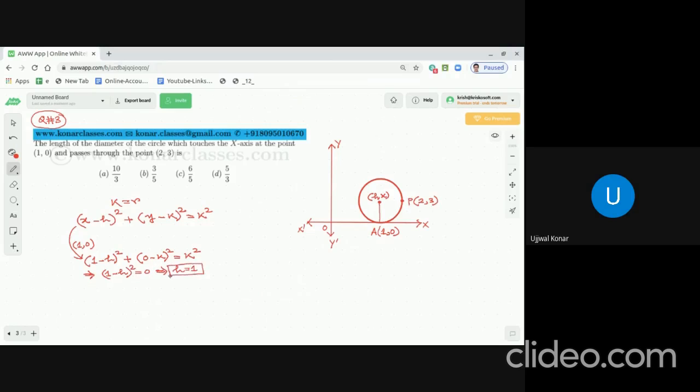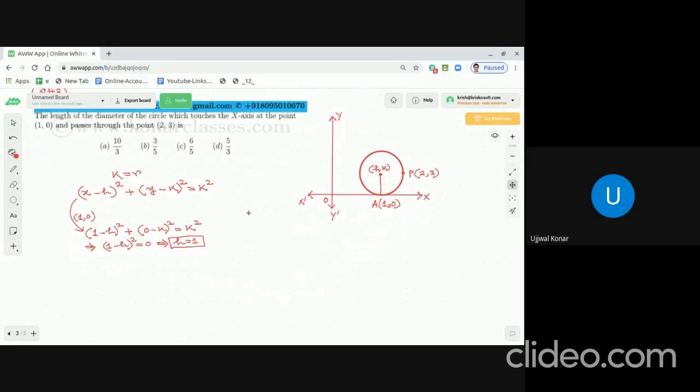Correct? Now the moment we find the value of h is equal to 1, we can apply that value in the equation of the circle, and we can find the value of k, because the circle also passes through the point (2, 3). Let me do it in a different color. So this circle also passes through the point (2, 3).